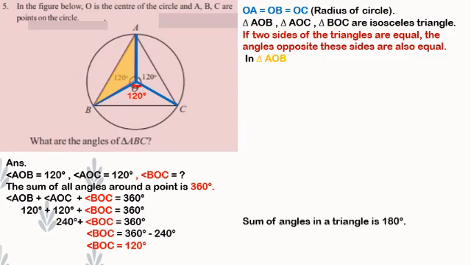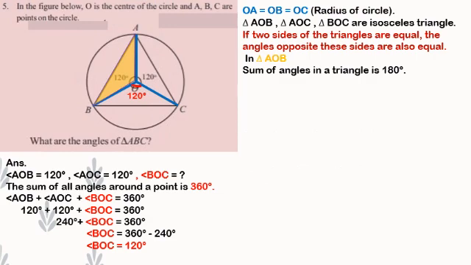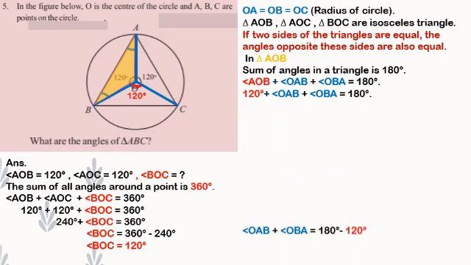Let us see that in detail. We know the sum of angles in a triangle is 180 degrees. That is angle AOB plus angle OAB plus angle OBA equals 180 degrees. Let us substitute the angle AOB. Then we get 120 degrees plus angle OAB plus angle OBA equals 180 degrees.